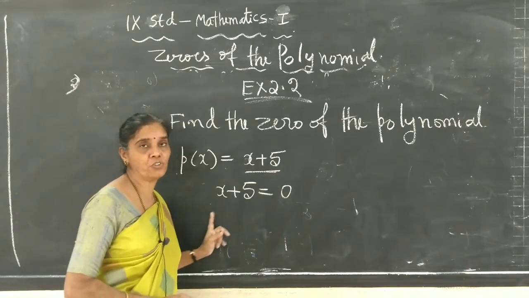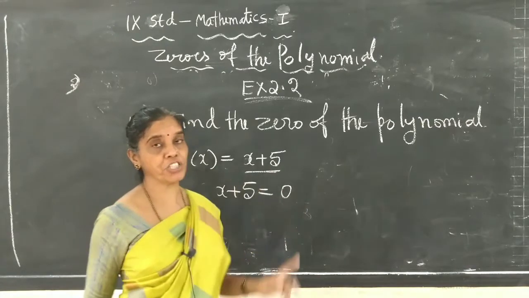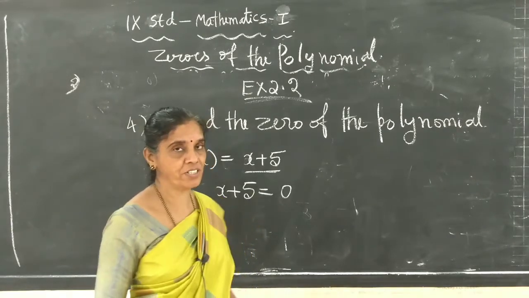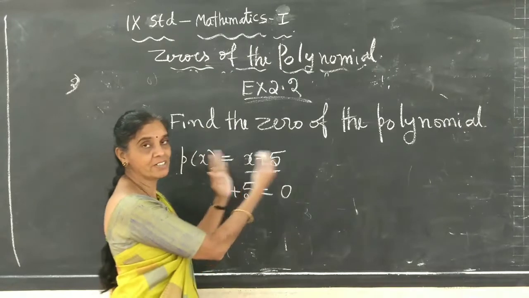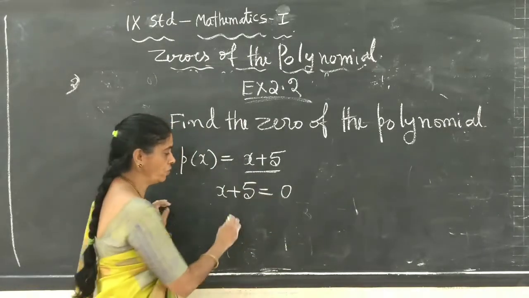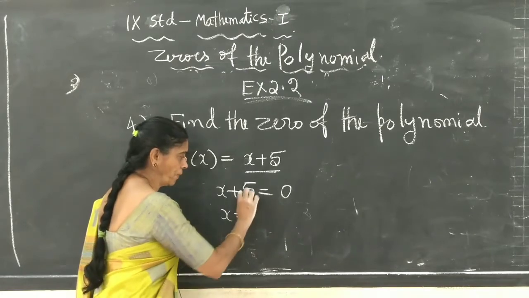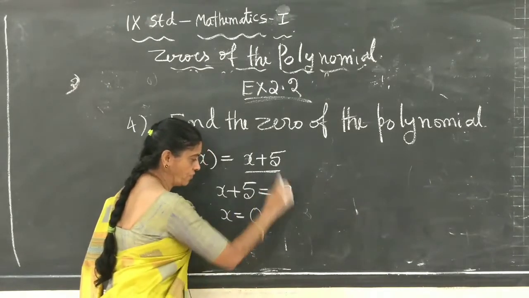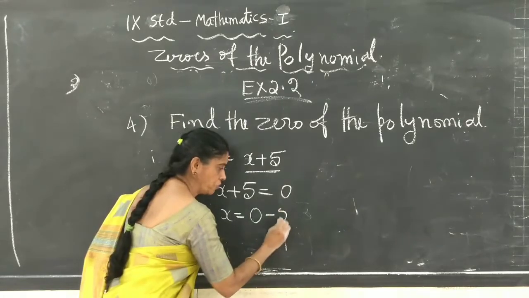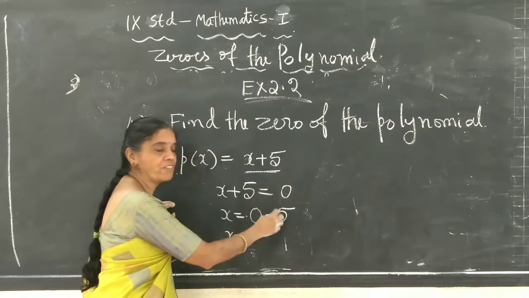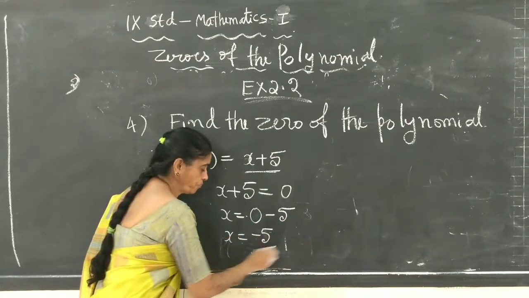Now what did you get? One equation: x plus 5 is equal to 0, and you learned how to solve the equation. Just bring all the values other than the variable to the other side, then you get the value. Here x is equal to... plus 5 brought to this side changes into minus 5, so x is equal to 0 minus 5, which is minus 5.